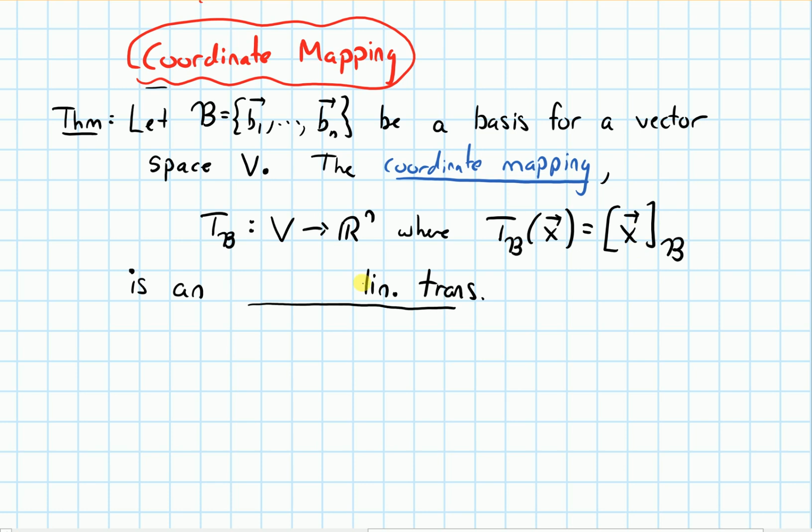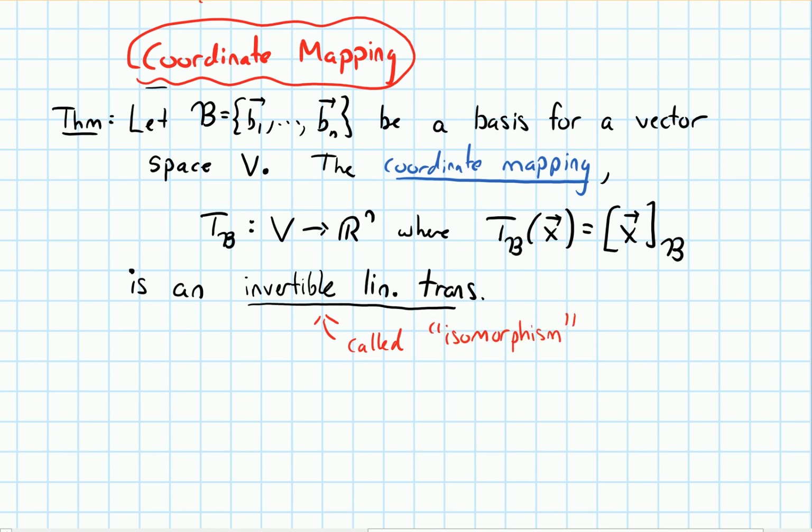So it turns out that this is a linear transformation, and more importantly, this linear transformation is invertible. And so I want to introduce a little bit of terminology. When we have an invertible linear transformation, this is often called an isomorphism.